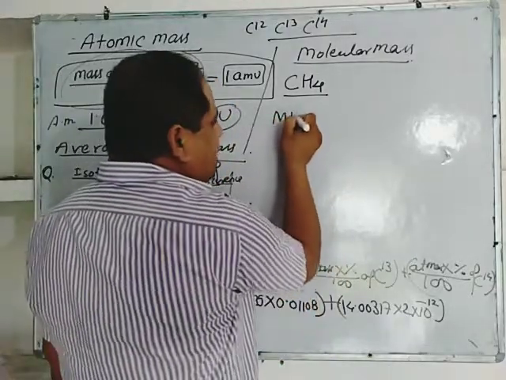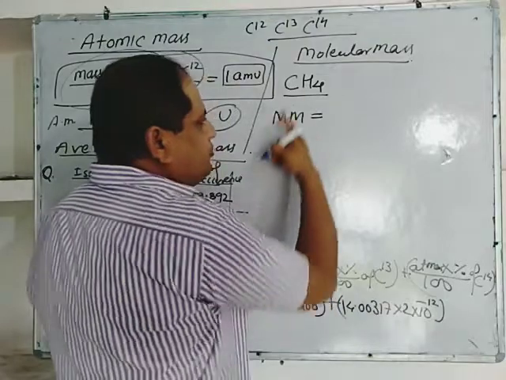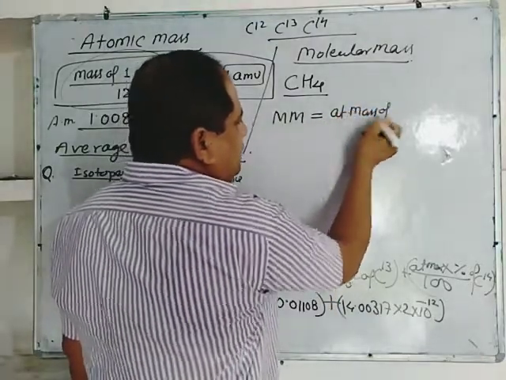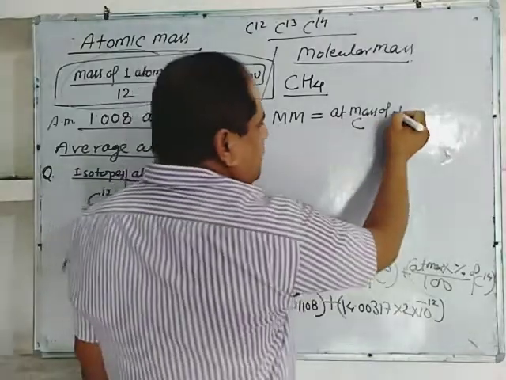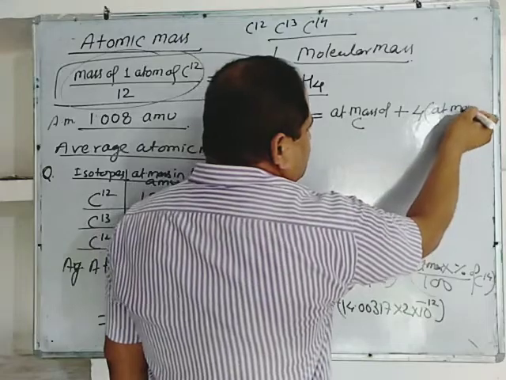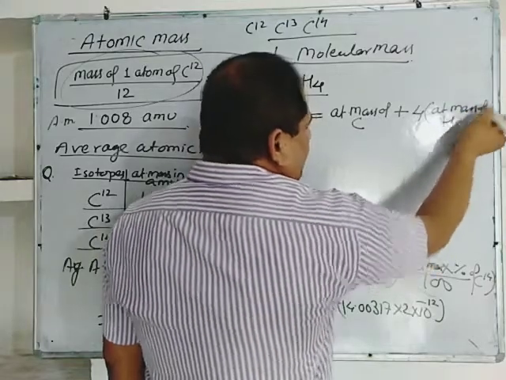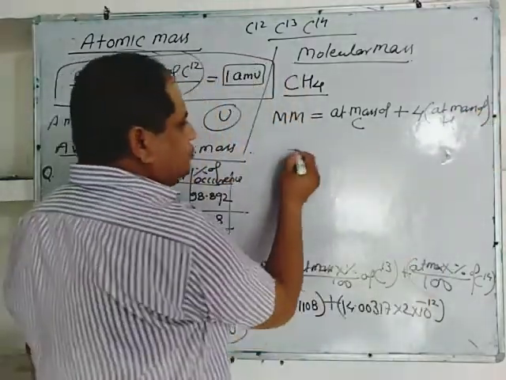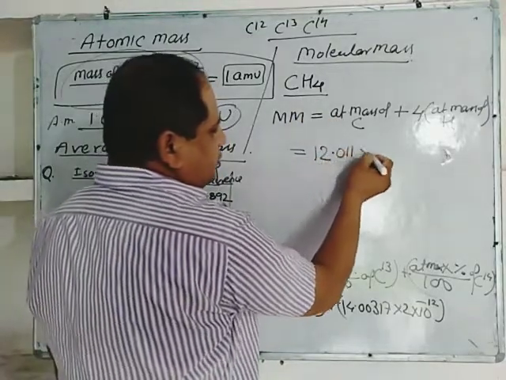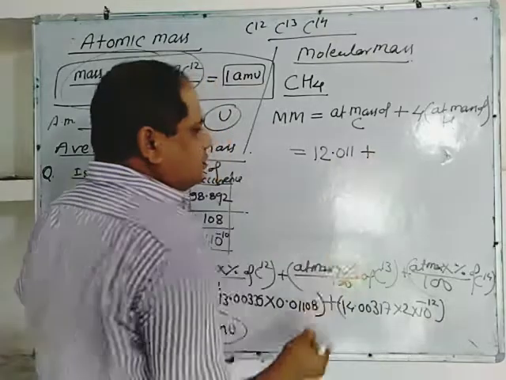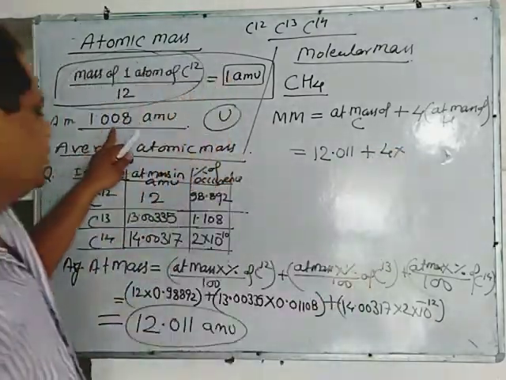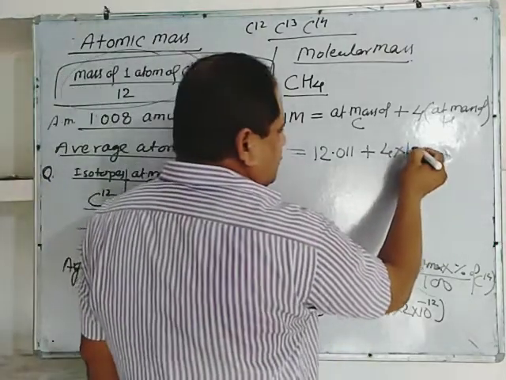The molecular mass of methane will be equal to atomic mass of carbon plus 4 into atomic mass of hydrogen. So C, that is 12.011, plus 4 into 1.008.